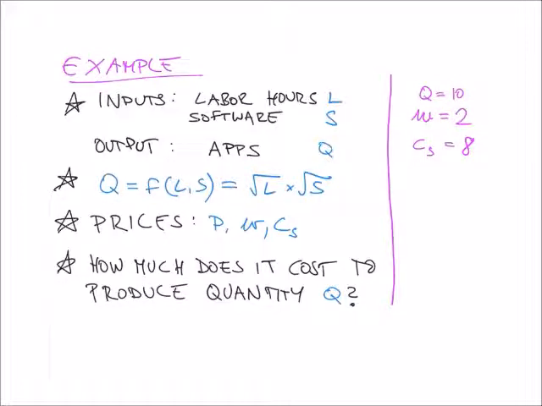I mean, you know that Q equals 10, so we just put 10 in the equation, which is square root of L times square root of S equals 10. Then we put the square on both sides of the equation, so we can get L. So you know that the production technology allows you to produce Q units of output with square root of L times S inputs. And you just wrote that down, and that actually allows you to write one input in terms of the other input, because you know you want to produce 100 units of output. Yeah, exactly. Okay, so that's actually a good start.